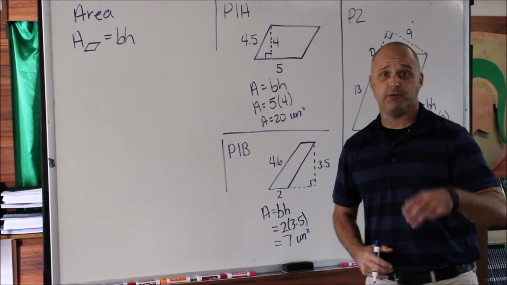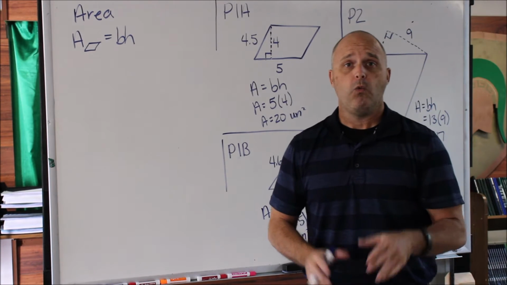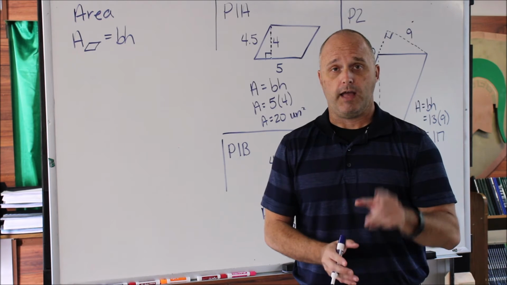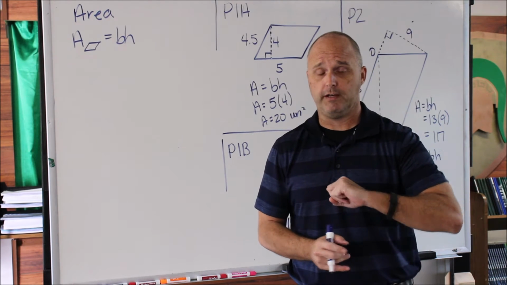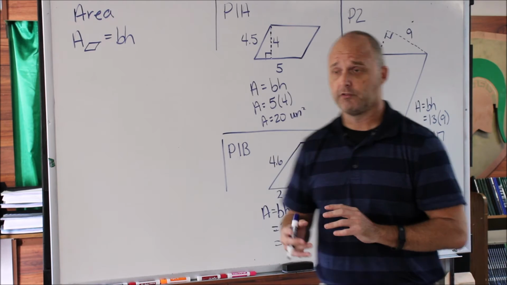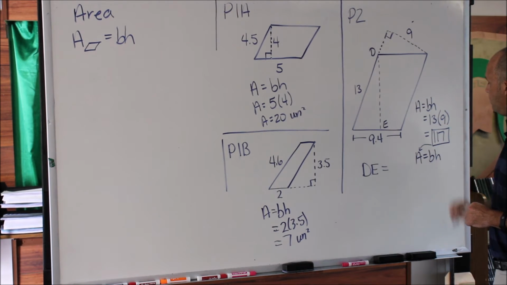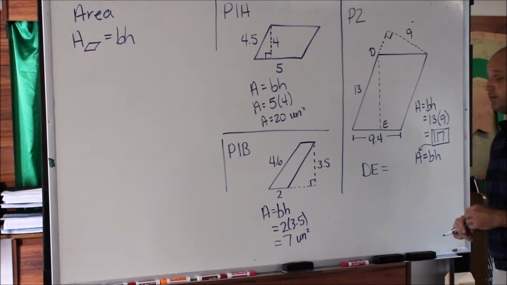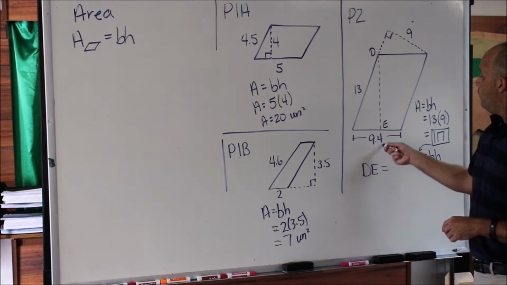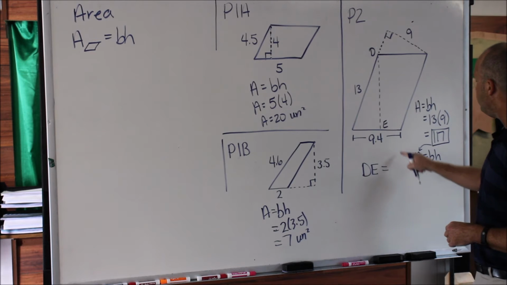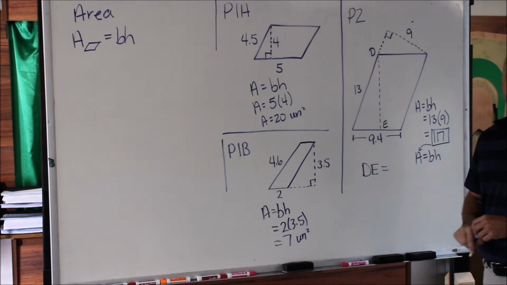And so this means we've got 3 variables. We can solve if we have only one unknown variable. So we need to see if we can fill in 2 of these variables. Well, we already know that the area is 117, so we can replace A with 117. Then we know that this base is 9.4, so we can replace the base with 9.4.